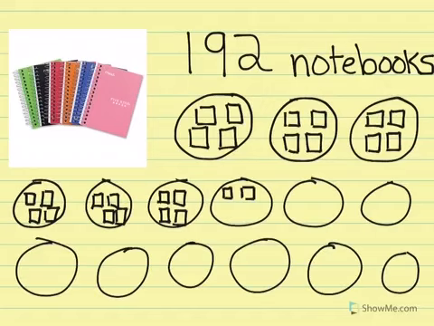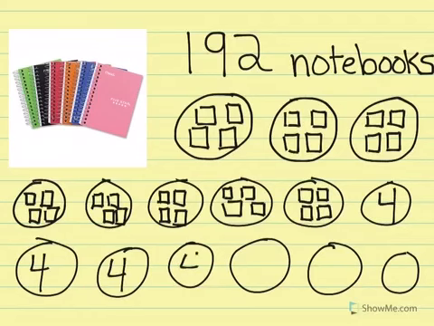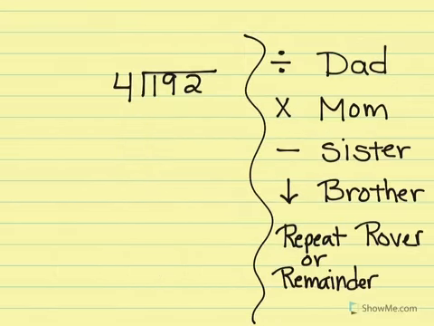So that is a lot of notebooks to sit and draw and put into groups. That could take me quite a while, but I'm imagining dividing up all 192 notebooks into these groups of 4. So an easier way to do that could be to use digit by digit division. I know I'm starting with 192 notebooks. I'm splitting them into groups of 4.